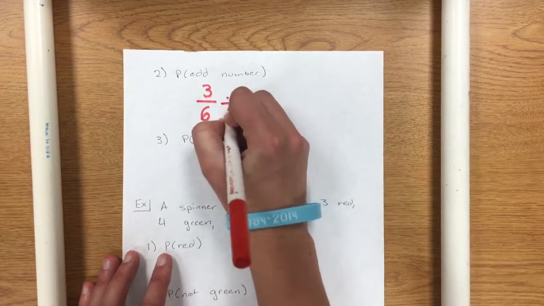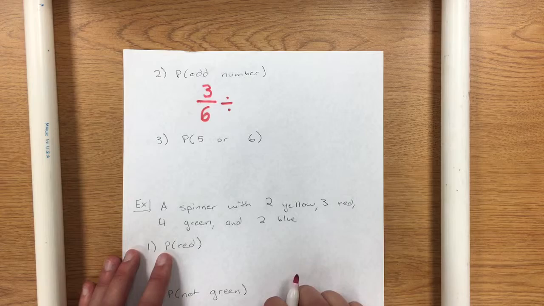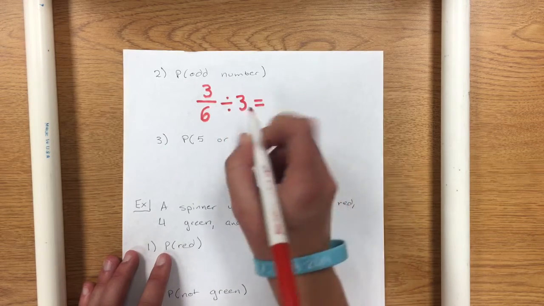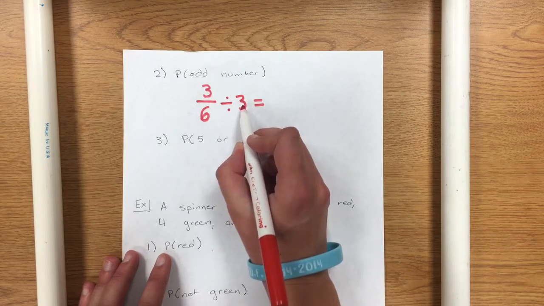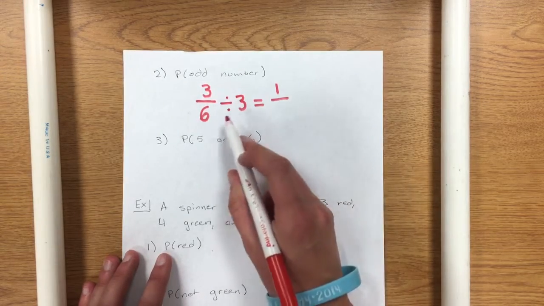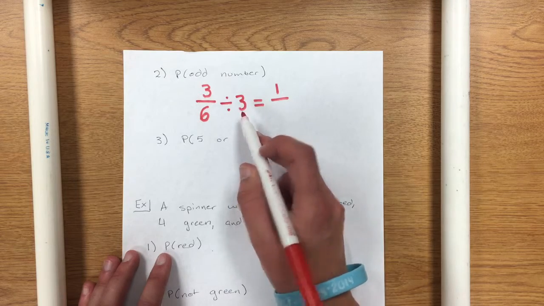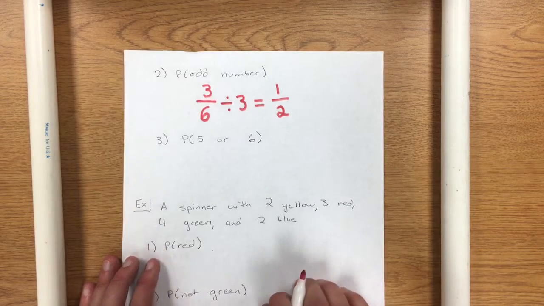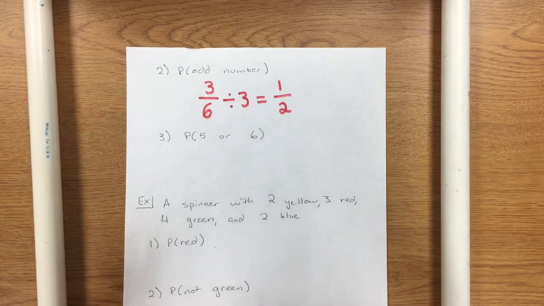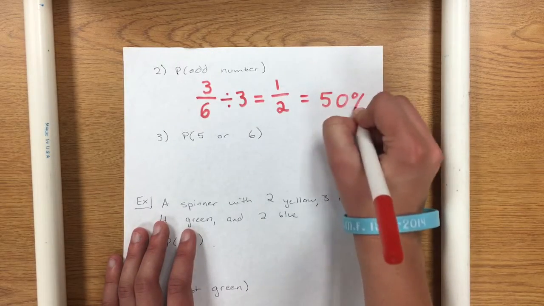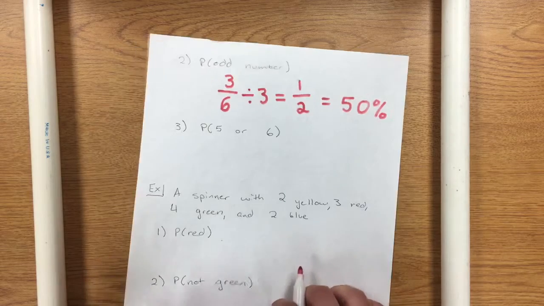So what can I divide both 3 and 6 by? 3. So on top, 3 divided by 3 gives me what? 1. On bottom, 6 divided by 3 gives me what? 2. So 1 over 2. And what is 1 over 2 as a percent? 50%. So our probability of getting an odd number is 50%.